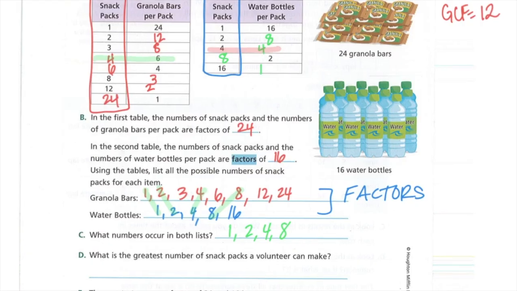Well, these are the common factors. They could make 1 big bag of snacks. They can make 2 bags of snacks, 4 bags of snacks, or 8 bags of snacks. But what's the greatest one? So that's the GCF that they're asking us for. That's 8. So the greatest common factor of 24 and 16 is 8.